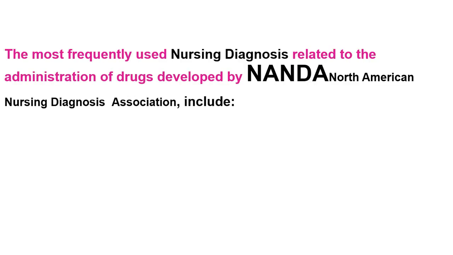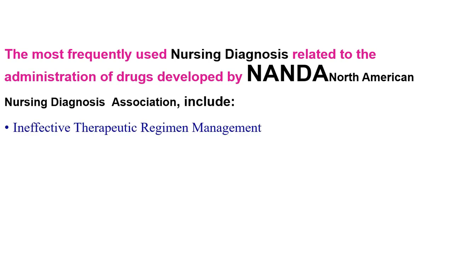Now, here we have NANDA. This is the North American Nursing Diagnosis Association, and this information or these rules are very important for nursing diagnosis. So what does NANDA include?